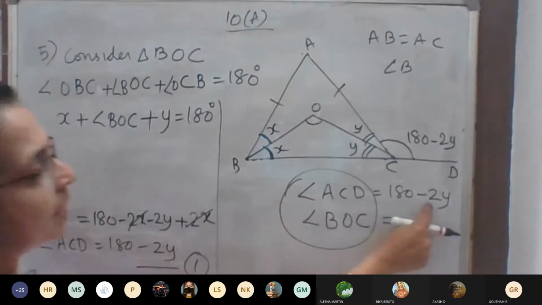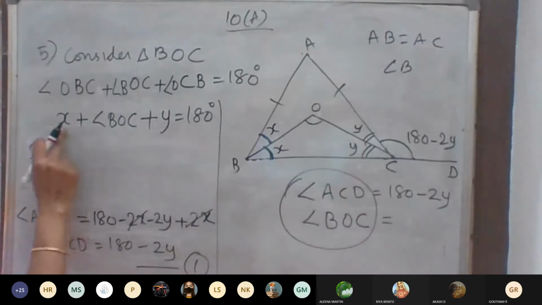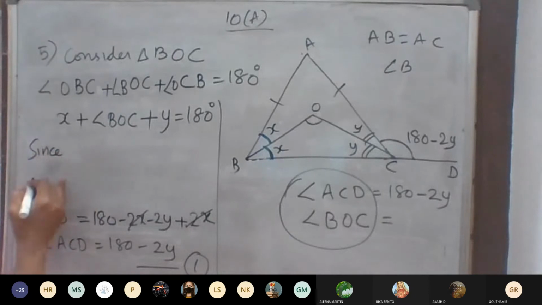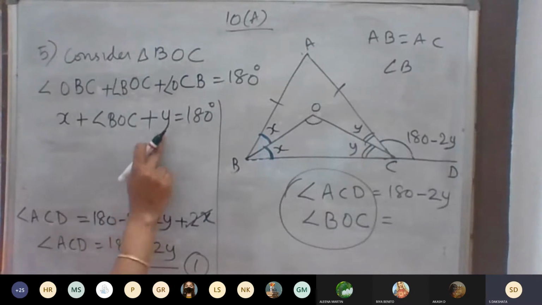Since we have 180 minus 2y, instead of x we have to replace it. Since we proved x is equal to y.